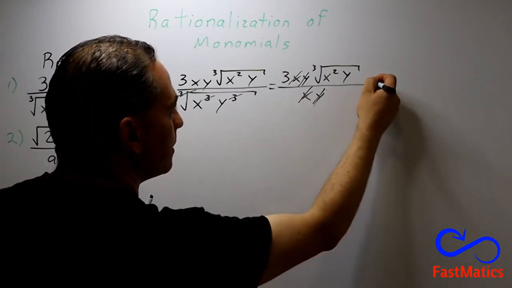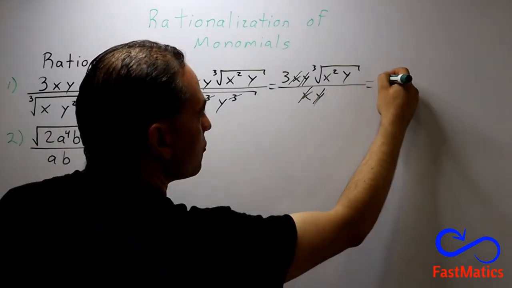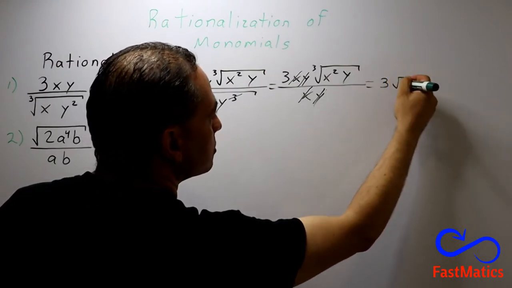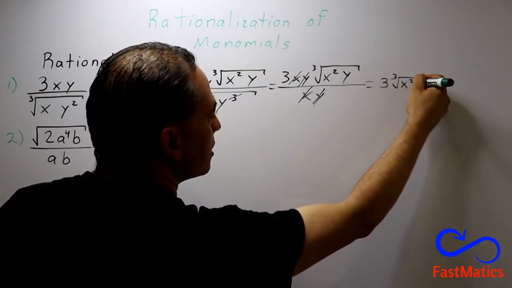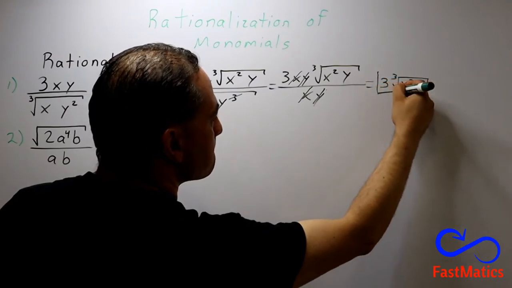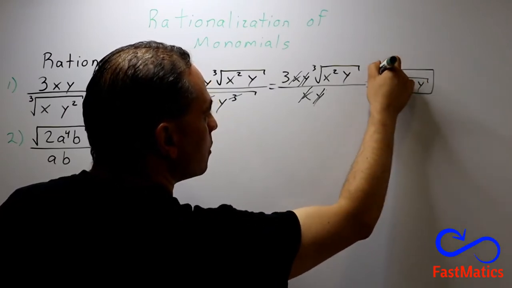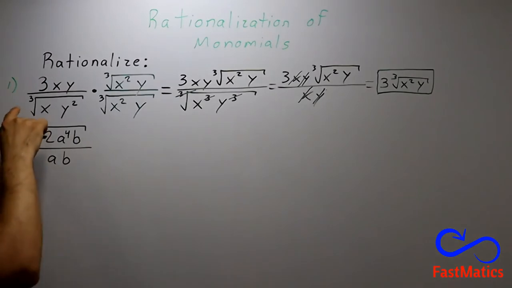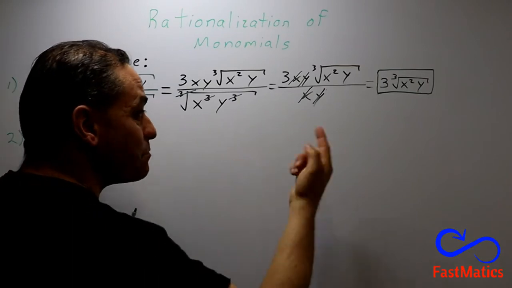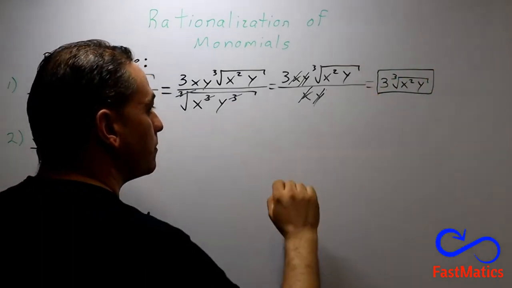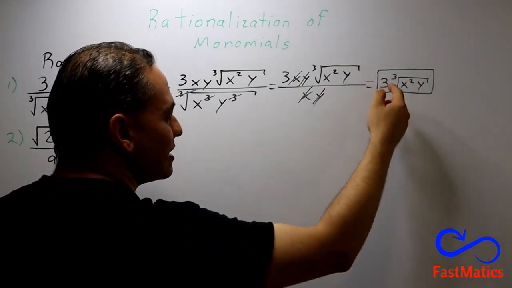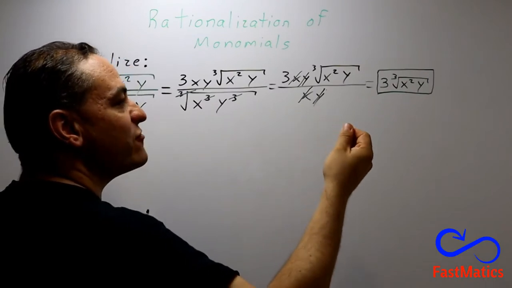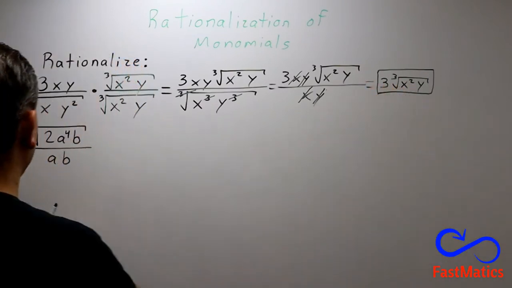The final answer will be 3 times the cube root of x squared y. What happened? Well, I have made the cube root disappear from the denominator and it has passed to the numerator, because in the denominator it is like having a number 1.